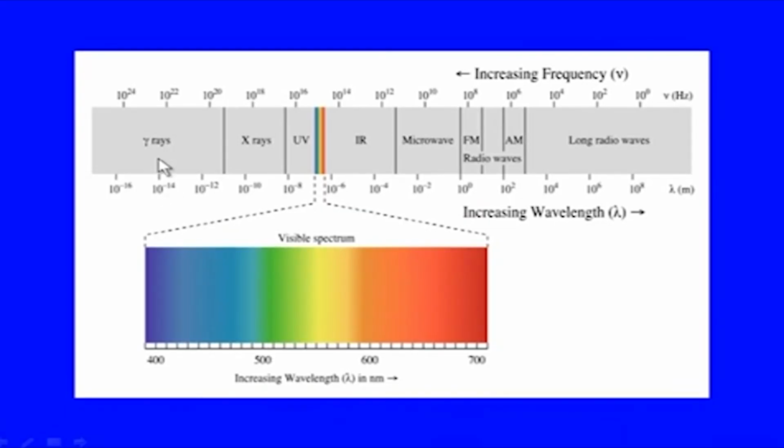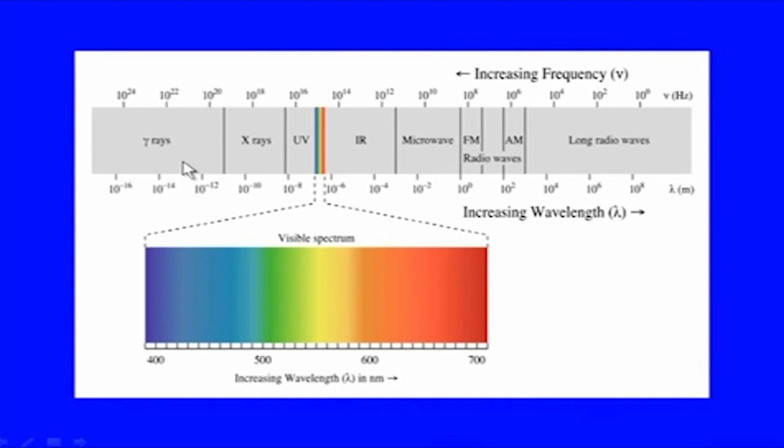If you can see on your screen, this diagram depicts various kinds of electromagnetic radiations as per their frequency, with increasing frequency or increasing wavelength. As the frequency increases, wavelength decreases and vice versa. Frequency here is depicted in hertz and wavelength in meters.